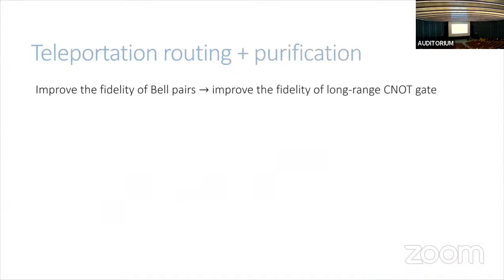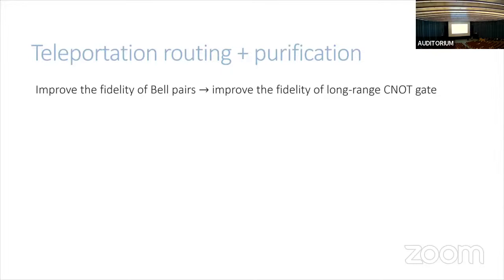So as I said before, this teleportation scheme was used before to do error correction. However, they didn't find very promising results. And so we first figured that maybe the reason is that teleporting these CNOT gates actually increases the error rate of the resulting CNOT gate.